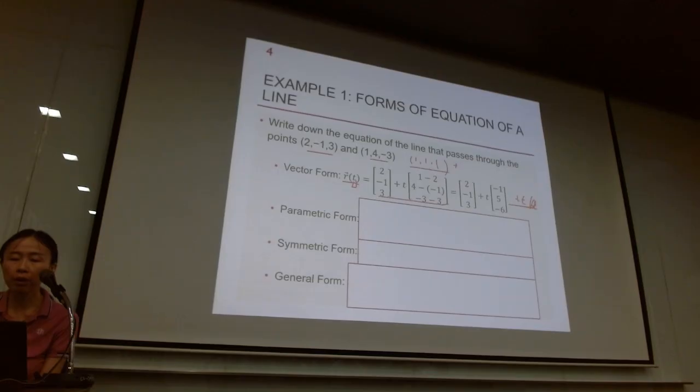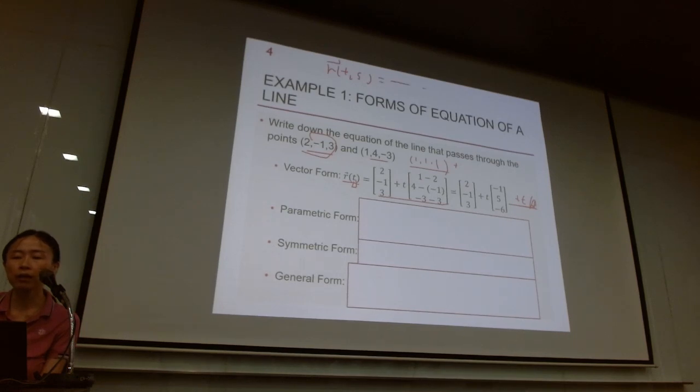If this is the original point, you can use (1, 1, 1), minus 2, minus 1, 3, then times s. No problem. This one you will say r(t, s). Be careful, here you need a vector.